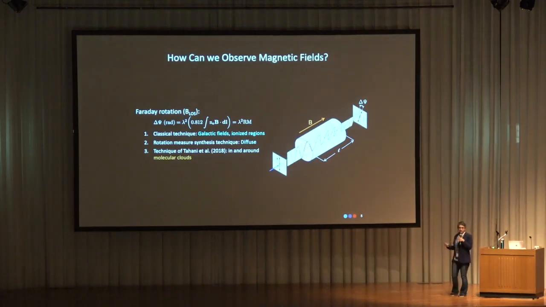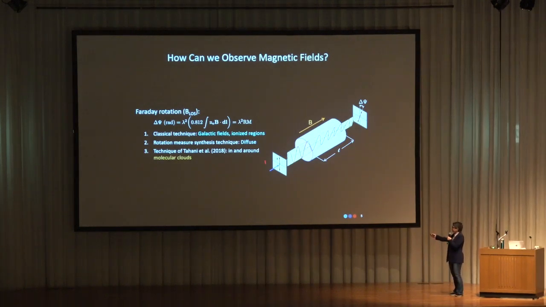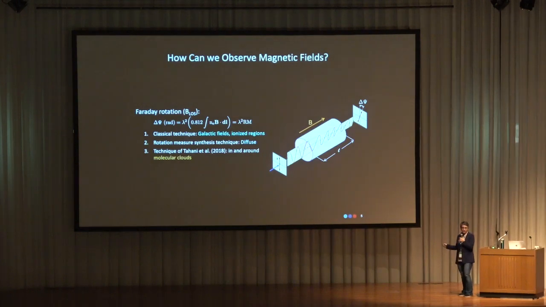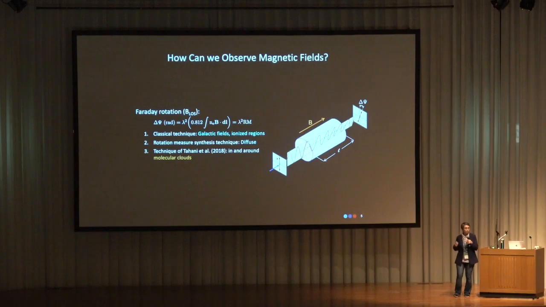Faraday rotation is another technique that provides the line-of-sight component of magnetic fields. When a linearly polarized electromagnetic wave passes through a region that is magnetized and has free electrons, a magneto-ionic medium, its plane of polarization rotates, and the amount of rotation is proportional to wavelength squared, magnetic field, and free electron volume density.